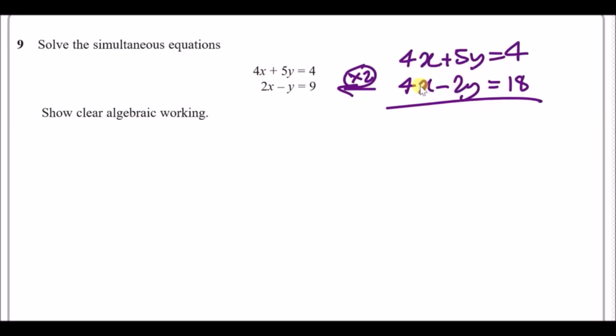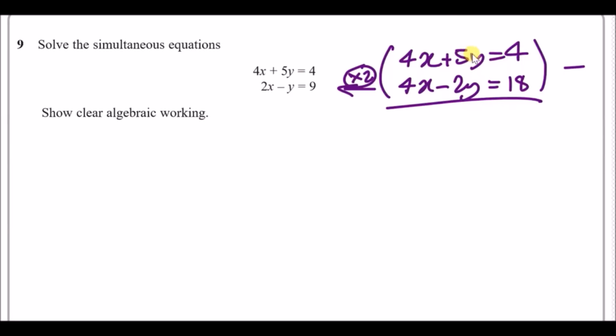So the idea is to eliminate a variable so you have only 1 letter left, so it's easy to solve. Now since we've got 2 4x's, we can just subtract this equation to eliminate the 4x. So let's minus the whole thing. Subtracting 4x, of course, that's the aim, you get nothing. So we can actually just leave it blank.